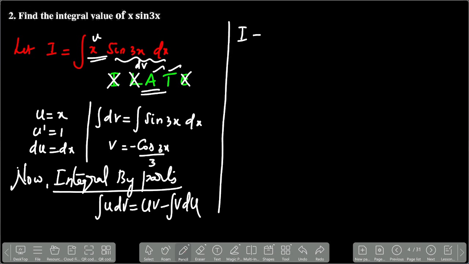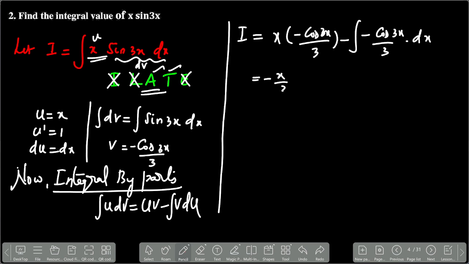I equal to u, which is x, times v, minus cos 3x divided by 3, minus integral v, the same minus cos 3x divided by 3, into du equal to dx. Any doubts? Now minus into minus is plus.